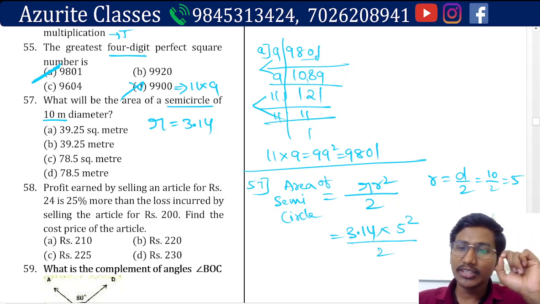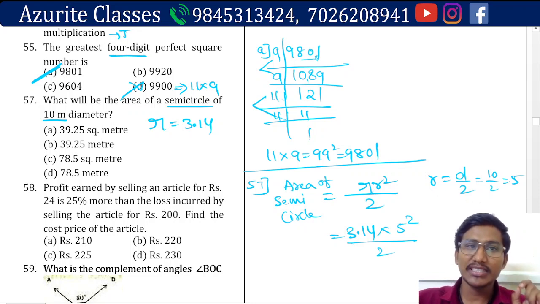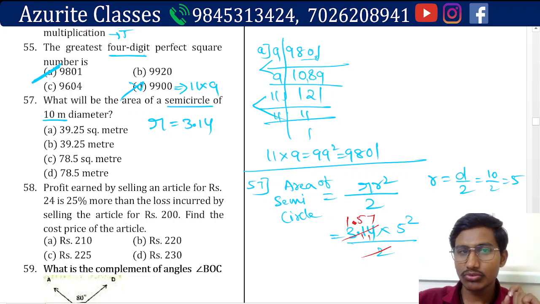So here 3.14 into 5 square by 2, I will cancel the 2, it will be easy. 3.14 divided by 2 is 1.57, into 5 square.